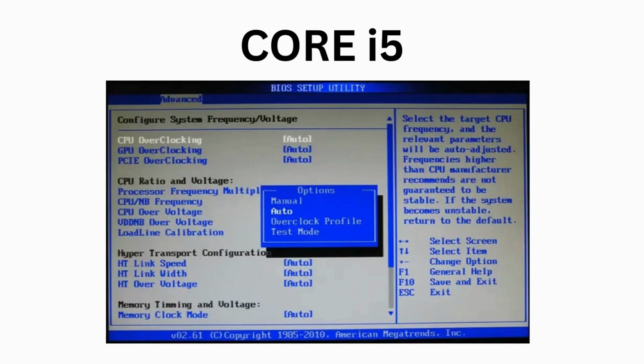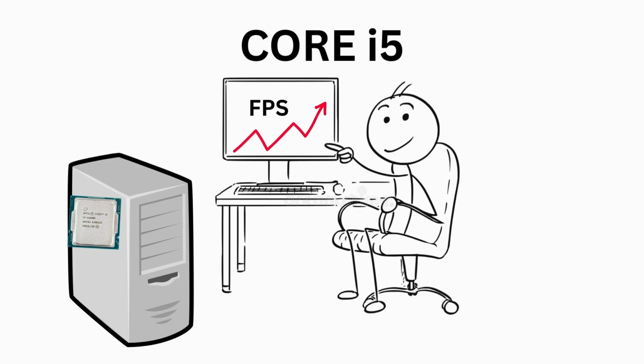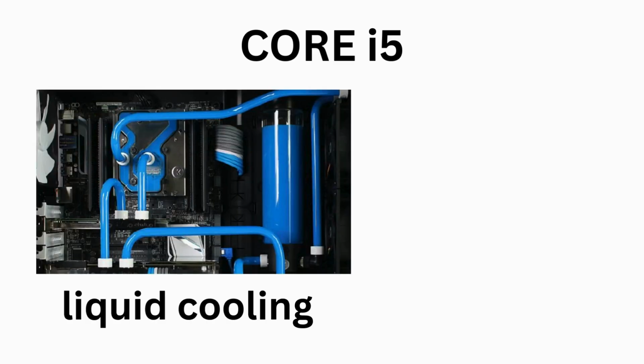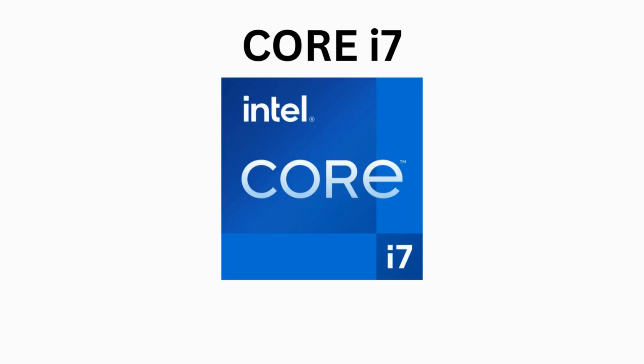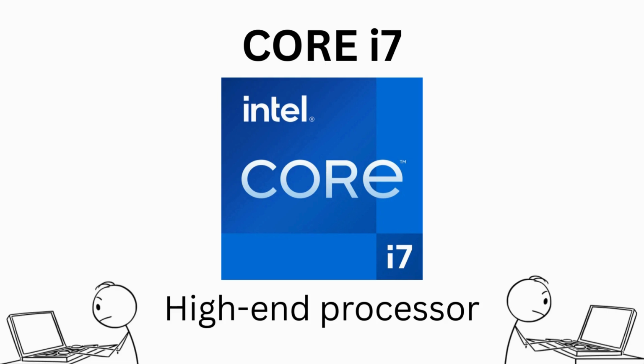Overclocking allows the CPU to run faster than its standard speed, but it requires higher power consumption and generates more heat. Because of this, a better cooling solution such as liquid cooling is recommended since standard air coolers are often not sufficient.